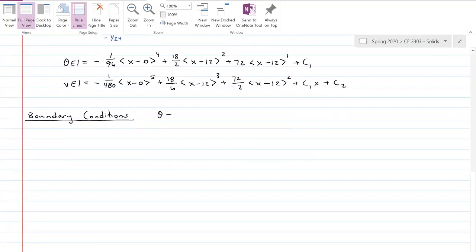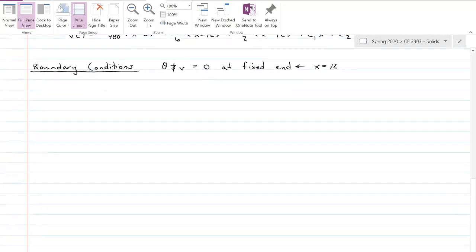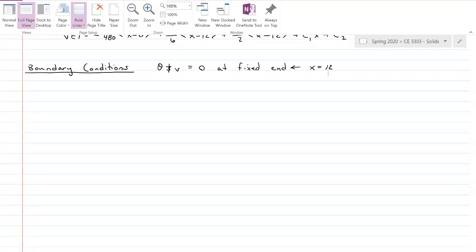Theta and v equal 0 at the fixed end, and the fixed end is located at x equal to 12. That is little v for vertical deviation, not capital V for shear.